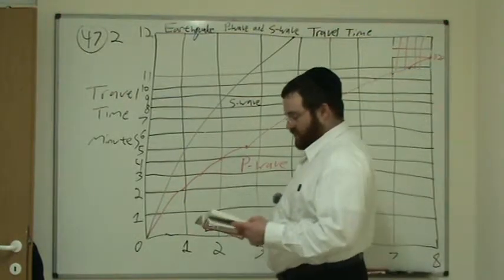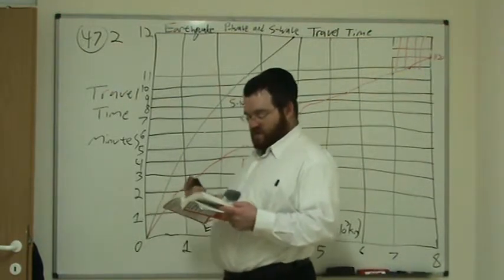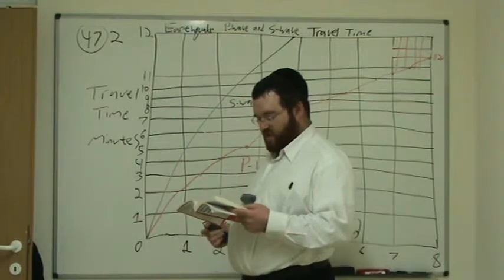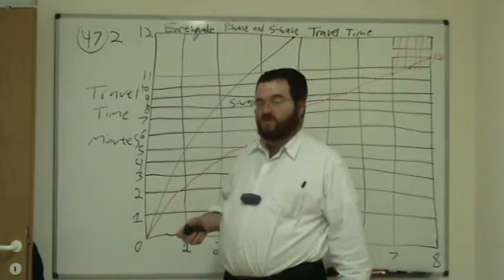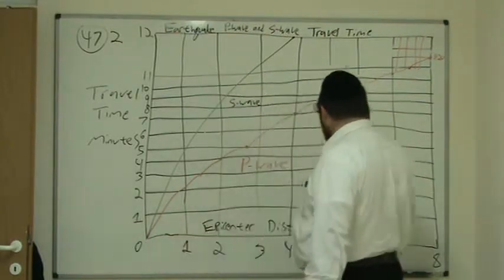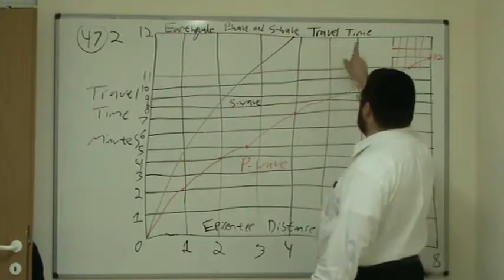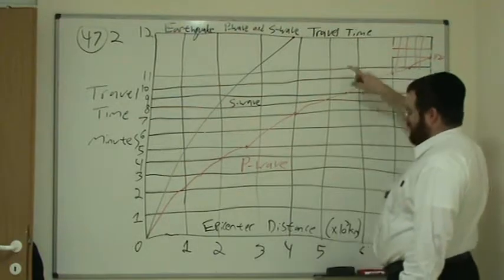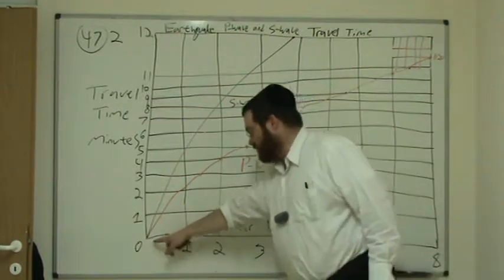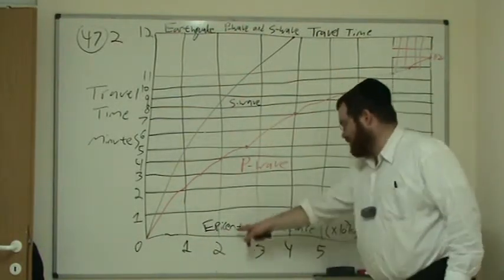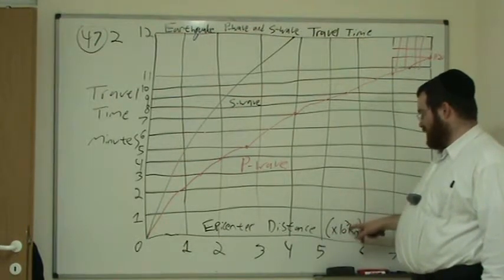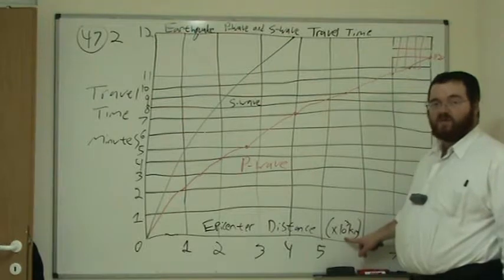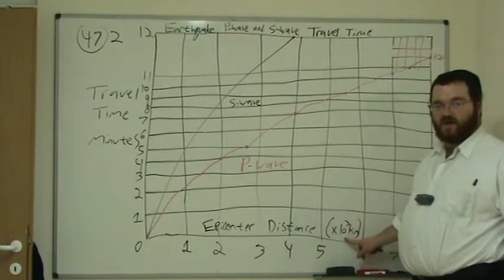That station D, which is 8,000 kilometers, it took the P wave from the epicenter to station D, which is 8,000 kilometers, on the earthquake P and S wave travel time graph. You go 8,000 kilometers, right? Epicenter distance, which is times 10 to the third power kilometers. 10 to the third power is 10 times 10 times 10, which is 1,000.